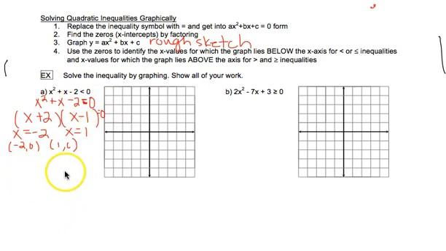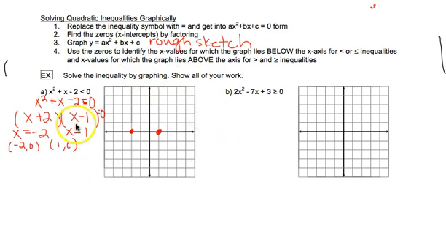If you want to find the exact vertex and other points, you can, but in this case, it's really not going to be necessary. So I'm going to plot -2, 0 and 1, 0 exactly. The rest I'm just going to kind of guess and draw a very rough sketch.